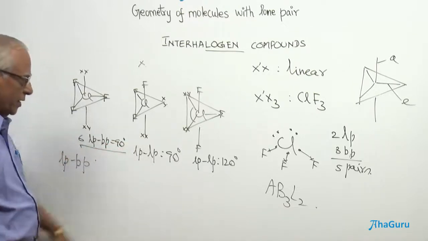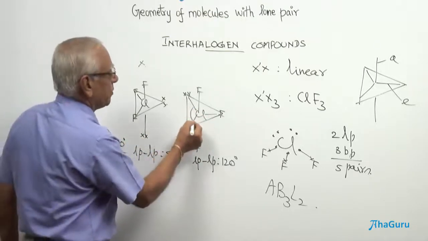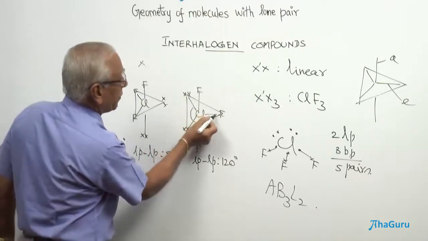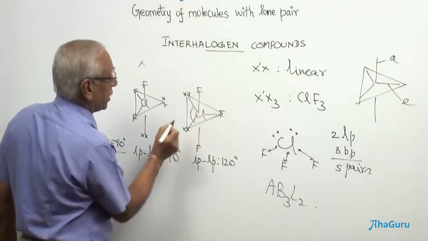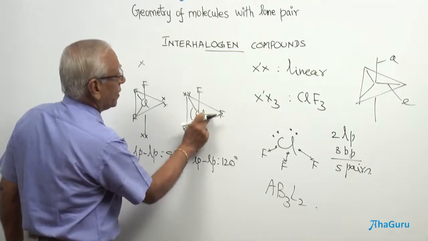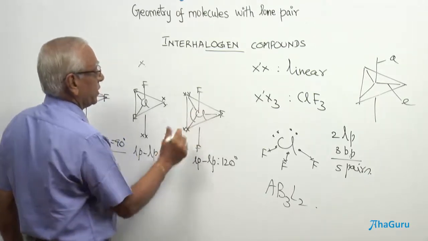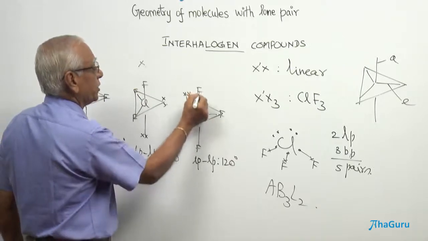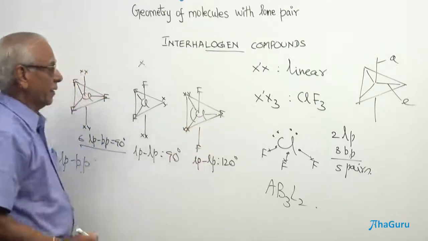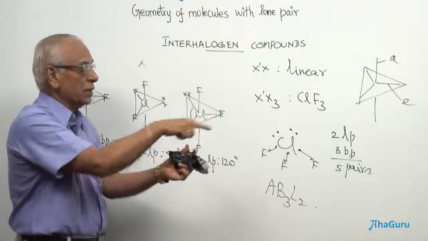Now, let us calculate how many lone pair-bond pair repulsions there are here. You see here, there is no repulsion because it is 120, no repulsion between the bond pair and lone pair here because it is 120. Again, this is 120. This bond pair and the lone pair have no repulsion. If at all there is repulsion between the bond pair and lone pair, this is 90 and this is 90.